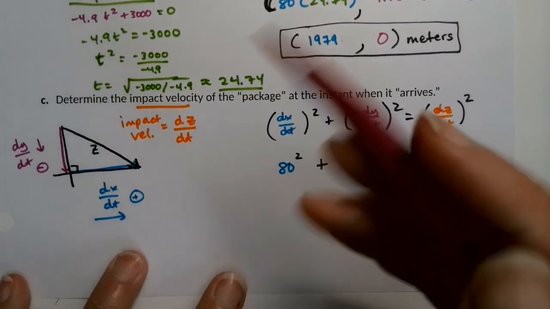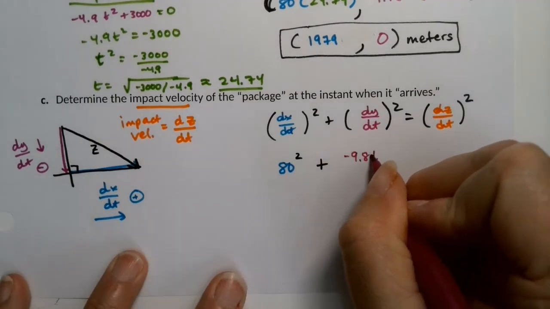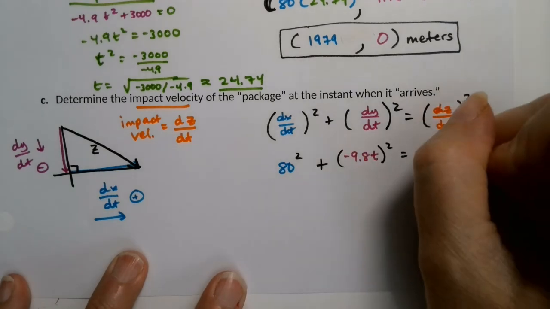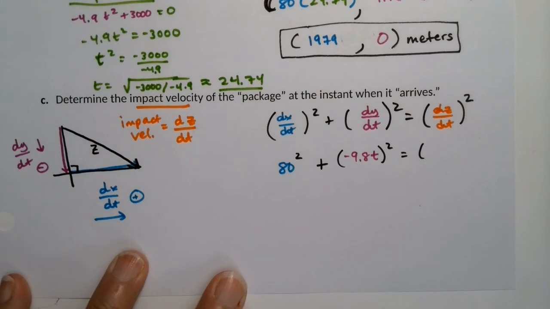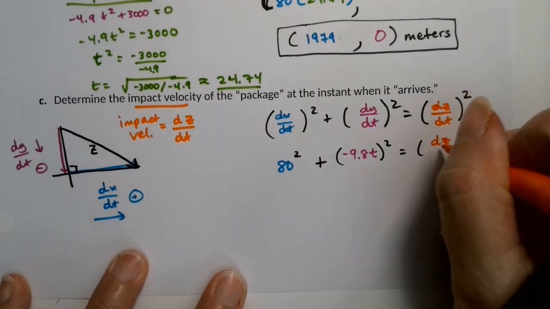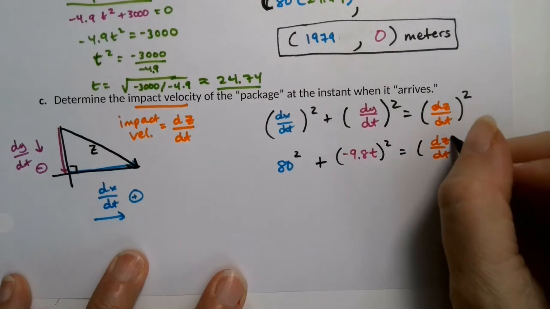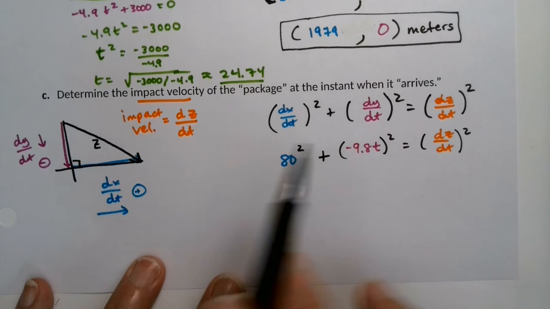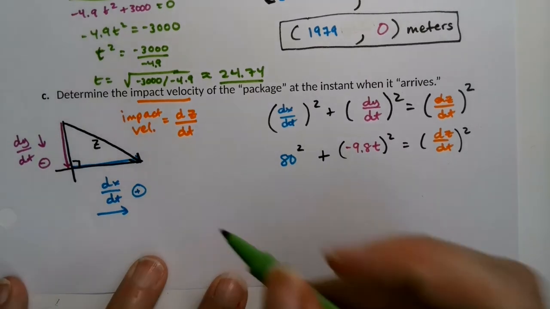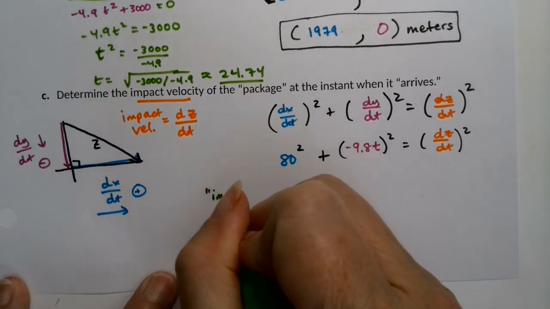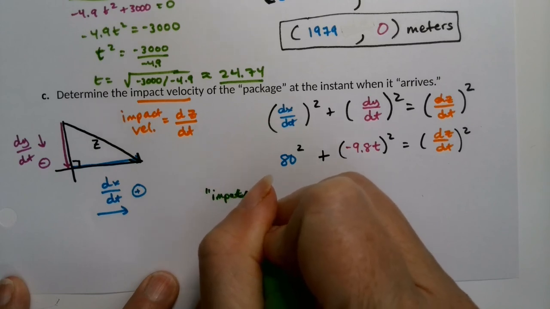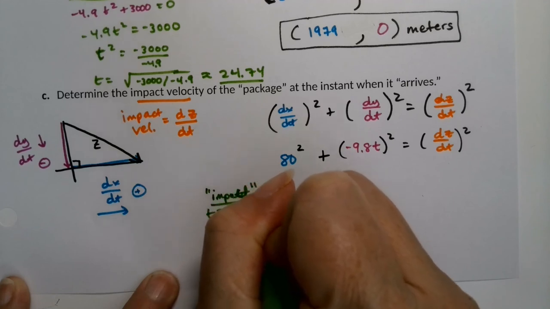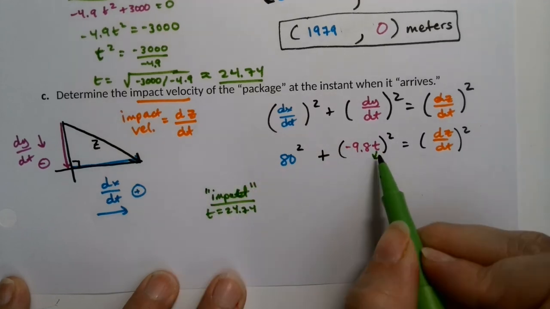So negative 9.8 t, and we're going to square that, which would be equal to (dz/dt) squared. All right, well, this is what I'm looking for. The only thing is that I need to put in my impact, right? So at the point of impact, we're going to substitute t equals 24.74.